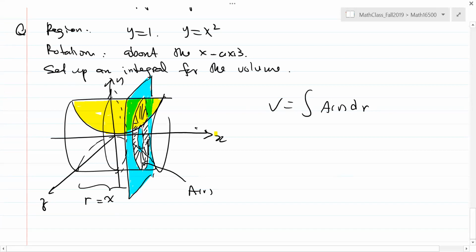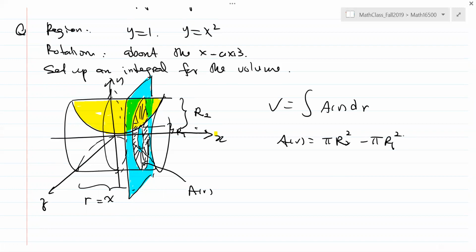But for this X, there are 2 disks here for the fixed R. So we have capital R2, we also have R1, right? So A(R) for that particular point is the difference of those two. What is R2? I think R2 is clear. R2 is always equal to 1. The only one you have to be careful with is R1.